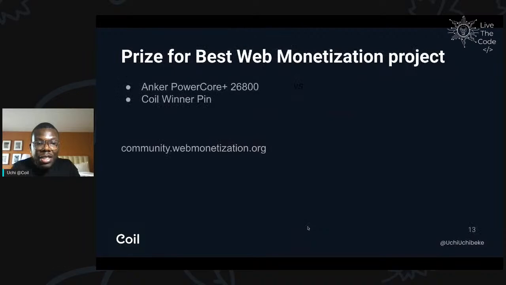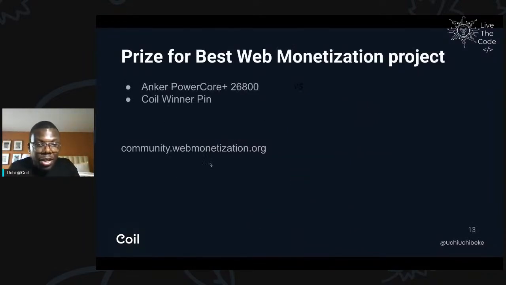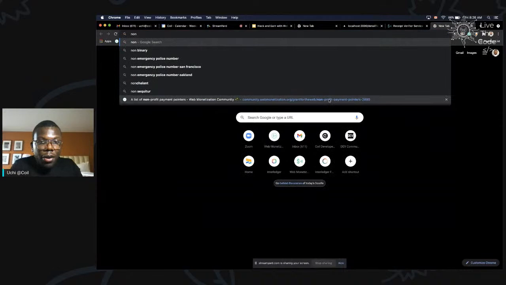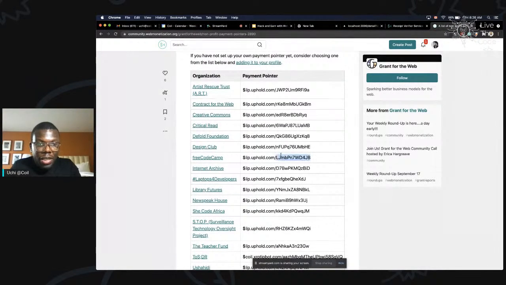And if for any reason you are not able to get a payment pointer on time, if it takes time to get approved for a wallet, what you can do to get started with this hackathon is go to community.webmonetization.org. You are going to see some non-profit payment pointers that you can use for your hackathon project. I'm actually going to show you that. If I go to non-profit payment pointer, you notice that we have freeCodeCamp's payment pointer there.